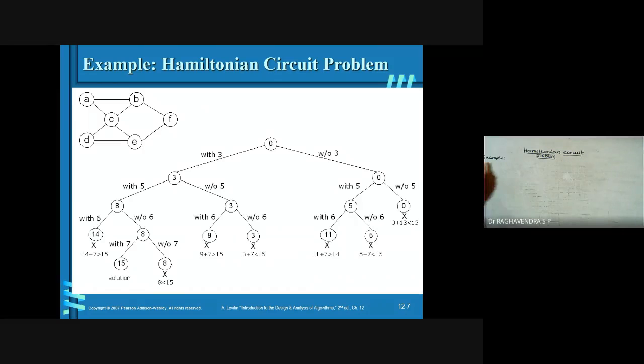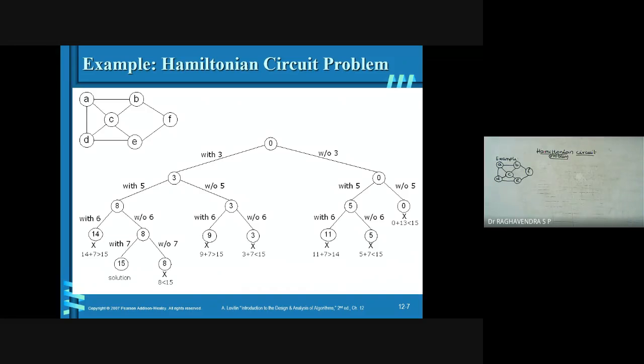So we have A, B, C, and D. This is a graph.